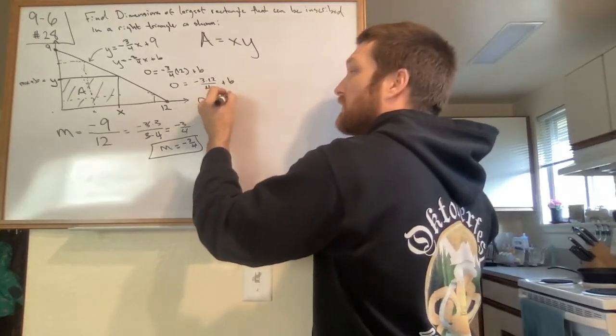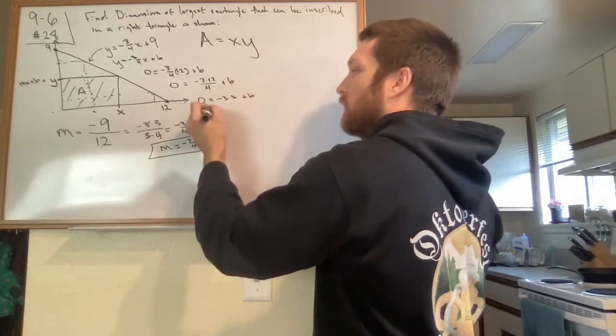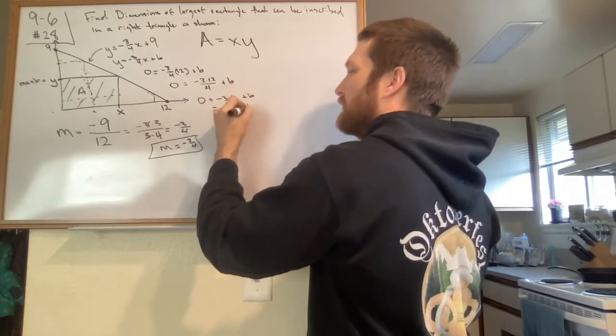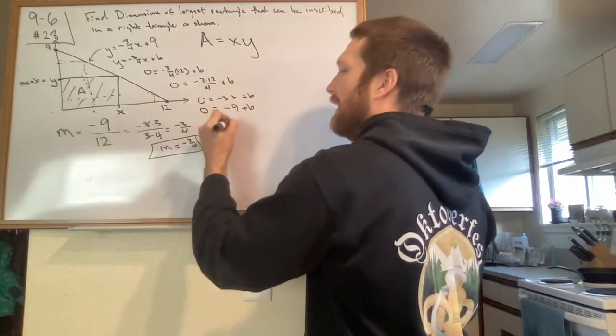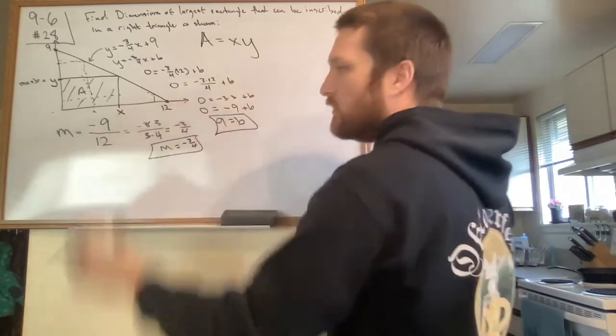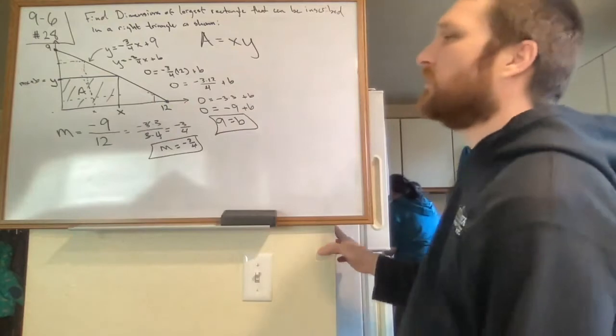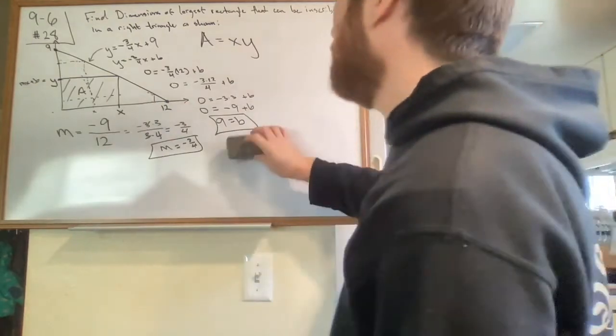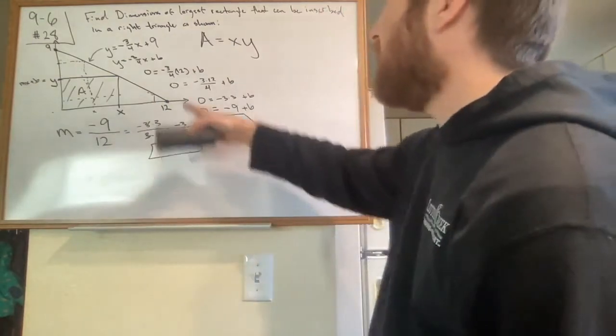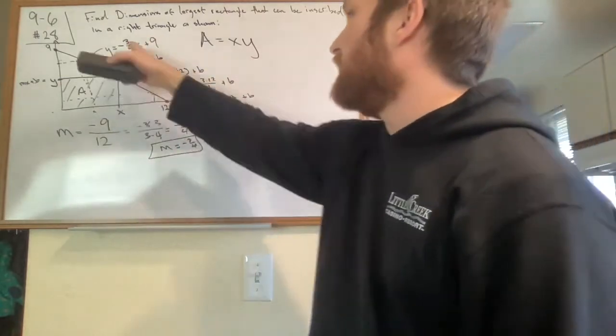So we have a minus 3 times 3 plus b, which is negative 9 plus b is 0, or 9 equals b. Either way we do it, you can use any point you want on a line. At any rate, we have that b equals 9, and that m equals negative 3/4.